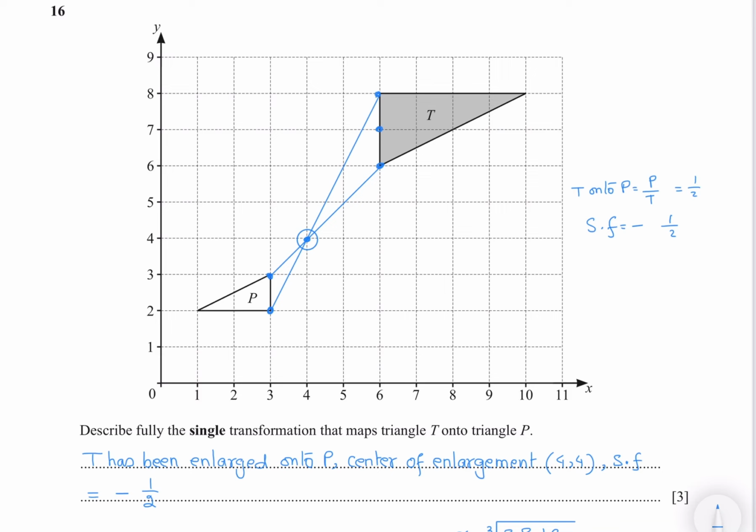So 1 over 2 is the scale factor, but I have to write negative 1 over 2 because the center of enlargement is in between P and T, and the figures are upside down from each other. This reveals that the enlargement is negative. So you have to write: T has been enlarged onto P, center of enlargement 4, 4, scale factor equals negative 1 over 2.